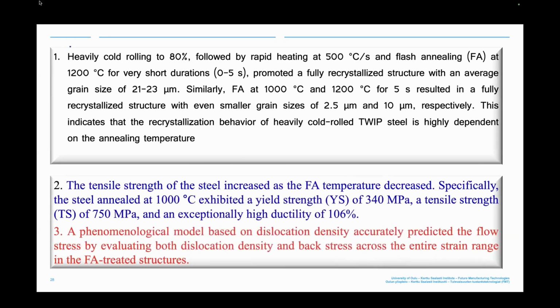We get tensile mechanical behavior that is much higher, with high ductility, almost all the steels more than 100%, and in the material at 1200 we got ductility of almost 120%.